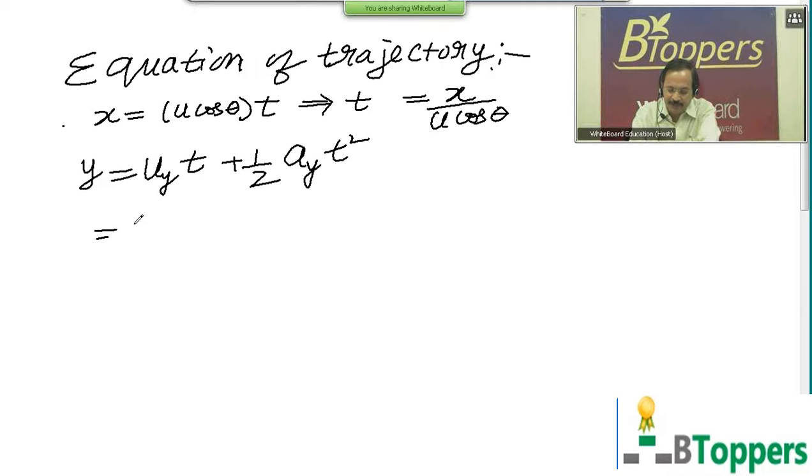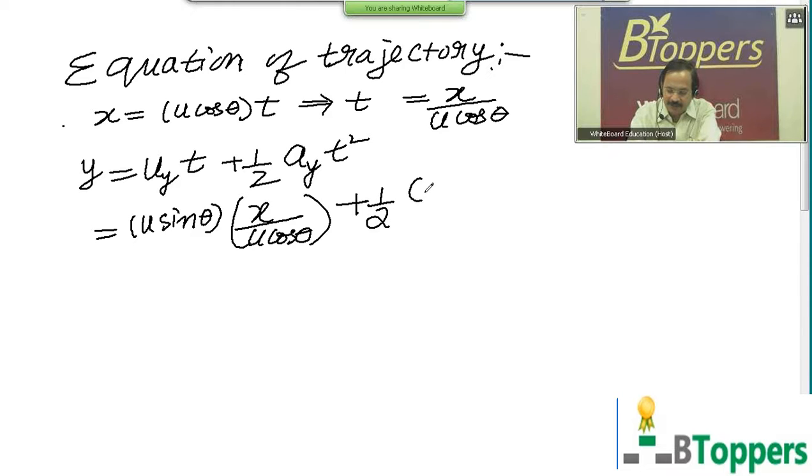You can substitute u_y equal to u sin theta and time t equal to x by u cos theta. The acceleration a_y in the vertical direction is equal to minus g, and for t you can again substitute x by u cos theta.